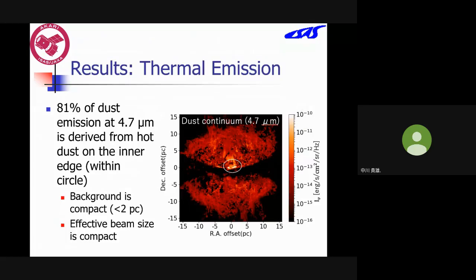The first result is the dust continuum emission at 4.7 microns. The really good news is that 80% of the dust thermal emission is dominated by the emission from the inner edge. So our first assumption, that at 4.7 microns the continuum emission should be dominated by dust emission from the inner edge of the torus, is valid.